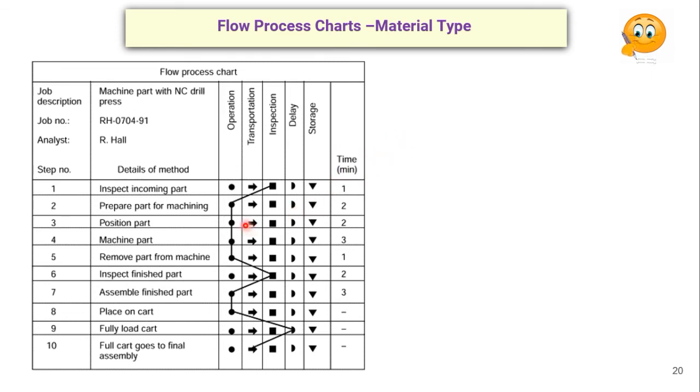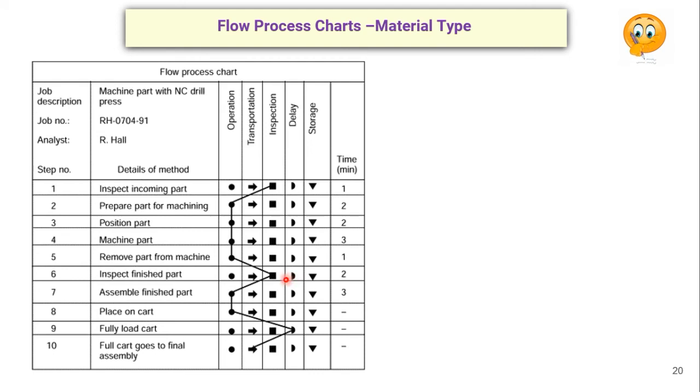Okay, so what is the first activity? Inspect the incoming part. So inspect, what is the rectangle? Then what is the second step? Prepare the part for the machining, so operation. Position the part, operation. Machine the part, operation, circle. Then we remove the part from the machine, so it is again an operation.